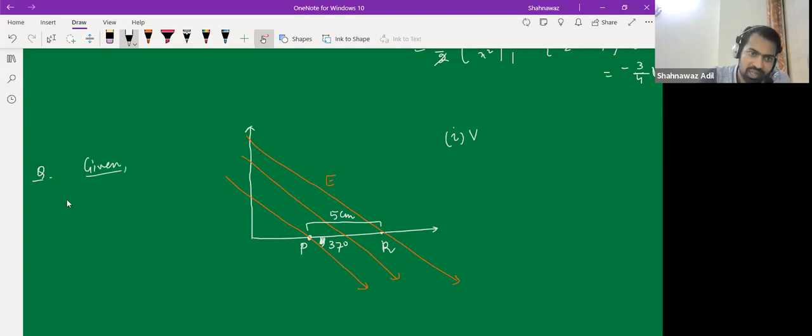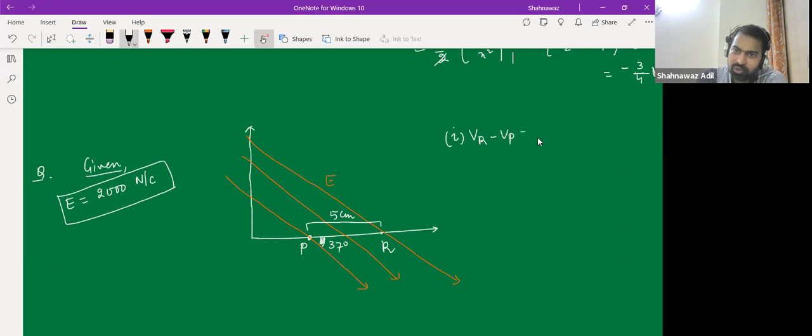What is given is that the magnitude of the electric field is 2000 Newton per coulomb. And they want us to calculate the potential difference between R and P. So what kind of electric field is this?